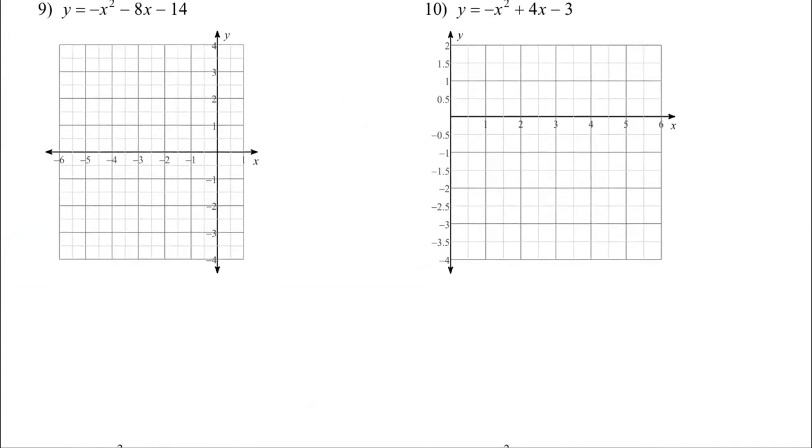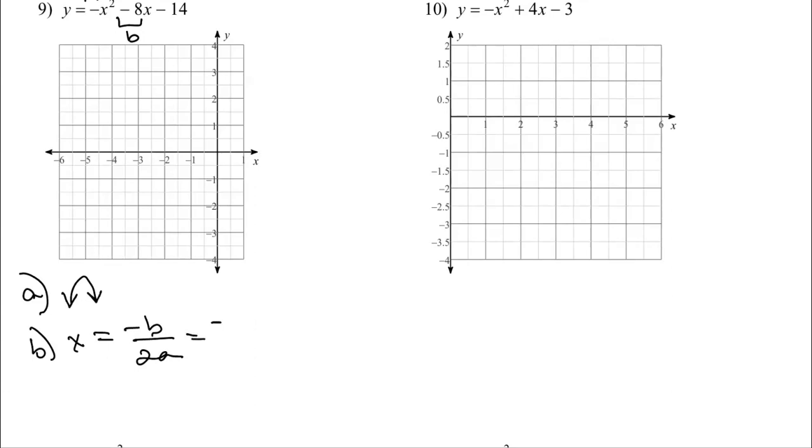So here comes 9. Okay, for 9, the leading coefficient is negative because there's a negative in front of x squared. Therefore, my parabola or my quadratic is going to be facing down. Your x equals negative b over 2a. So right here is my b, and right here is my a.